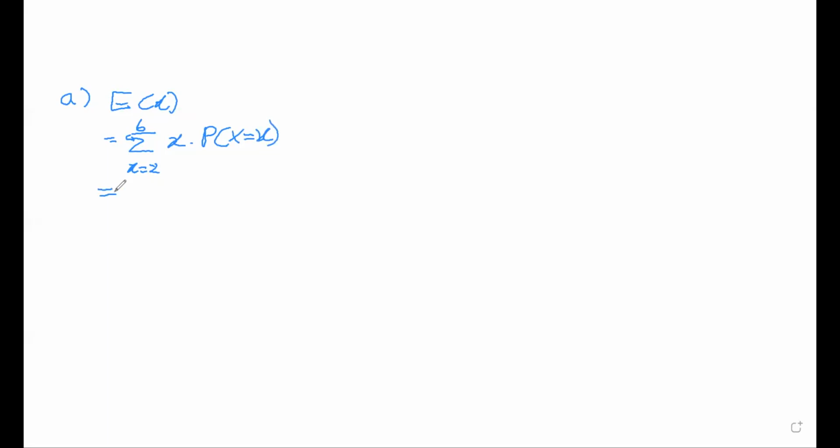So it is 2 into the probability of X equals 2, which is 1 over 9, plus 3 into the probability of capital X equals 3, that is 2 over 9, plus 4 into the probability of capital X equals 4, it is 3 over 9, and then 5 into 2 over 9, plus 6 into 1 over 9.